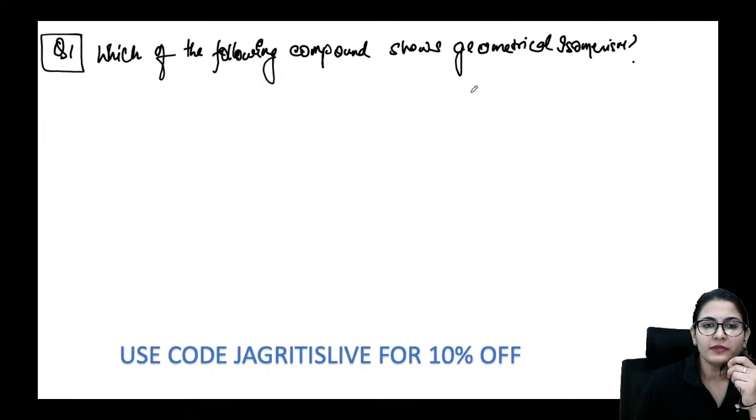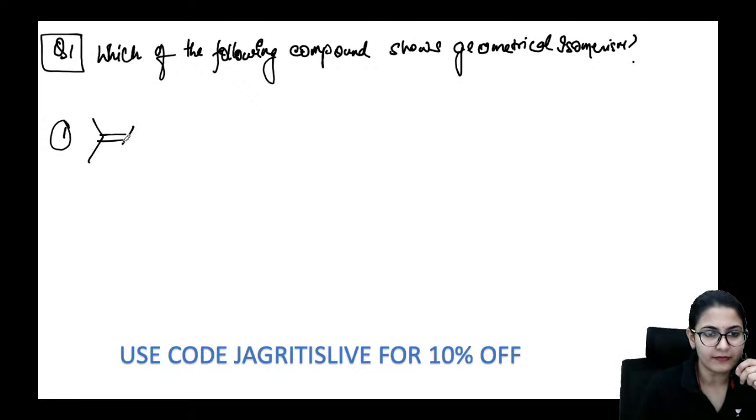So, which of the following compound shows geometrical isomerism? Let's say first one I'm writing, there's a hydrogen, there's a CH3, there's a Cl, and there's an I over here.